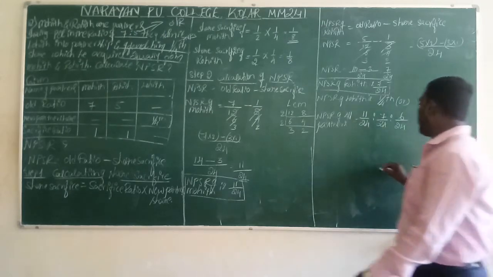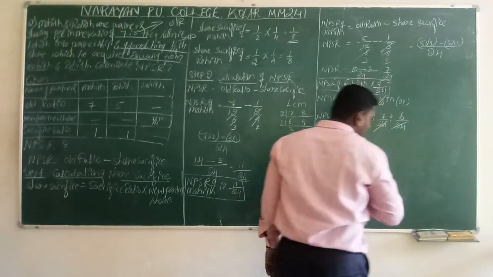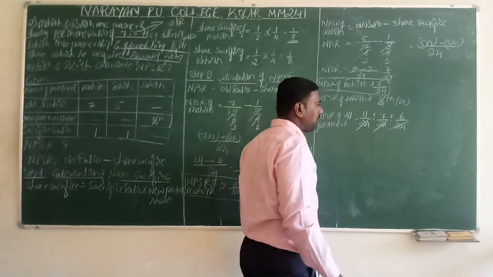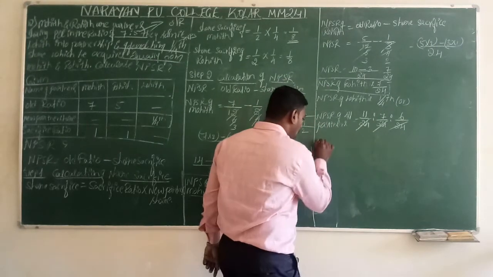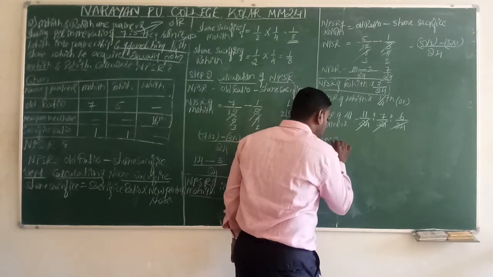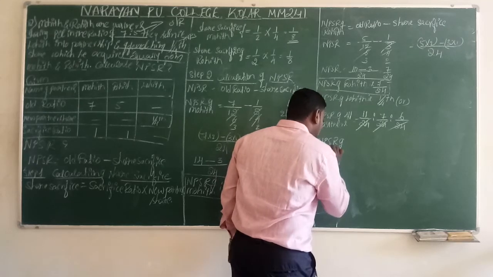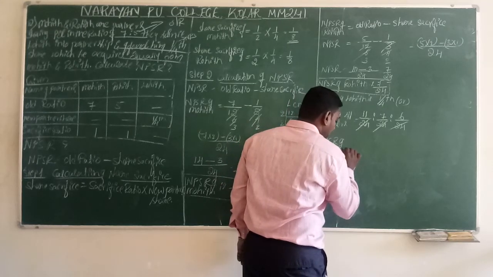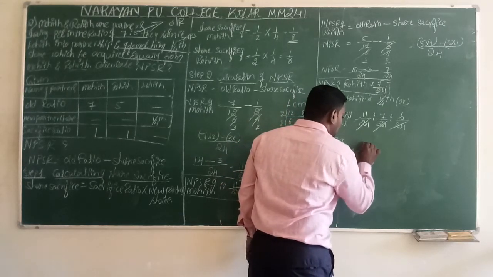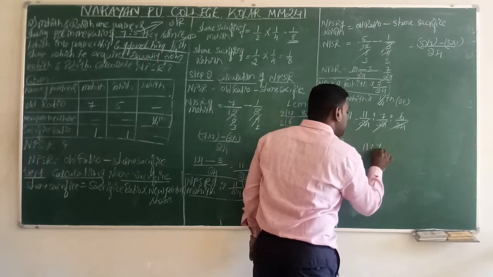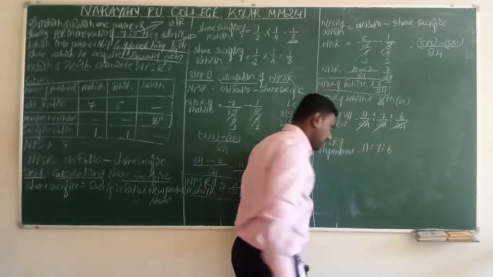Therefore all the denominators having the same value are cancelled, that is 24 is cancelled. Now the NPSR of all partners is 11 is to 7 is to 6.